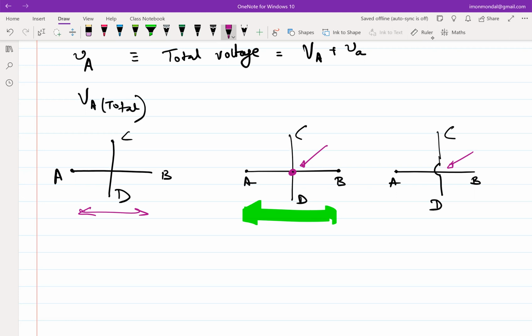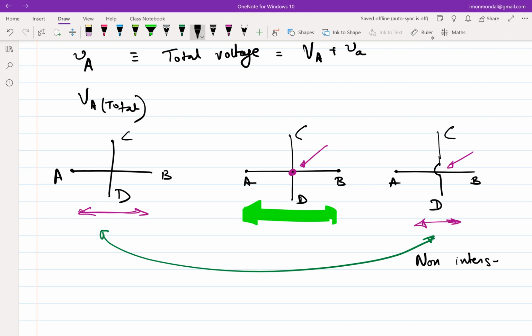So as it turns out, if you follow the convention that whenever there is a non-intersecting line, I will use this notation, then this becomes non-intersecting. This becomes intersecting, sorry. What I'm saying is, if you use these two in conjunction, then this is non-intersecting and this is intersecting.